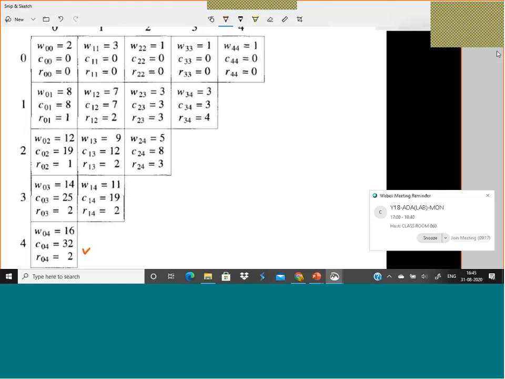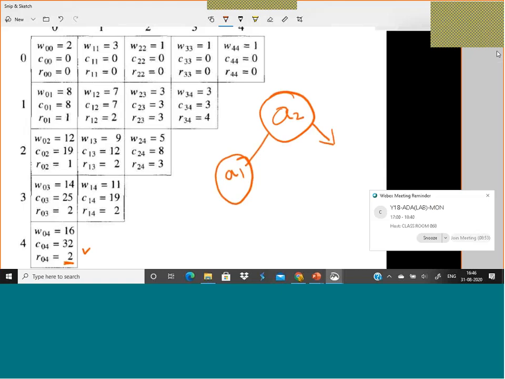So I am selecting the A2 as a root element. If I select the A2 as a root element, the left subtree contains only one node, that is A1. So I added A1. But when you are going for the right subtree, the A3 and A4 are there.